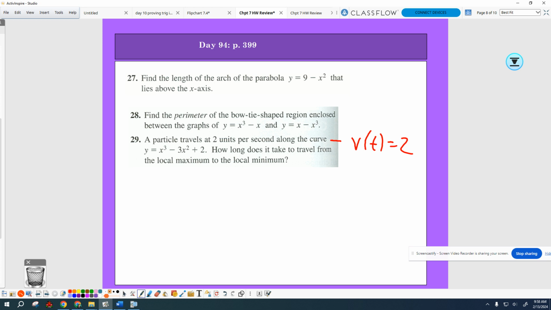So we need to find distance. To find distance, I need the slope. But I also need to use that slope to find the maxes and mins. So, Massimo, what do I have to do? Set the derivative equal to 0 and factor.